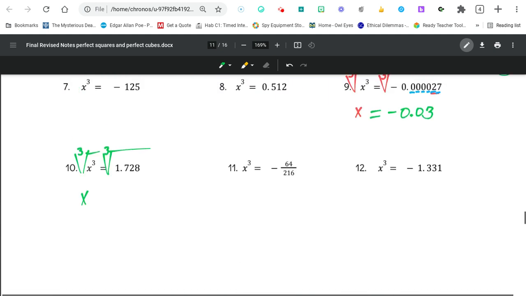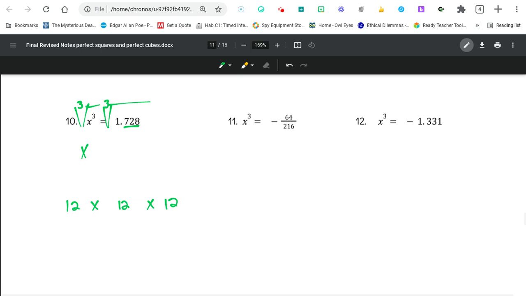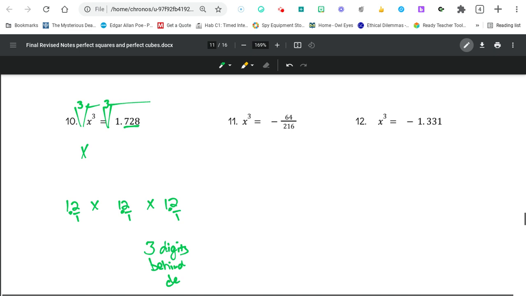So I already know that's like 12 times 12 times 12. But behind the decimal here, I have only 3 digits. So if I put the decimal in between the 1 and the 2, then I have 1, another 1, which makes a total of 3 digits behind the decimal, just as there are 3 digits behind this decimal.